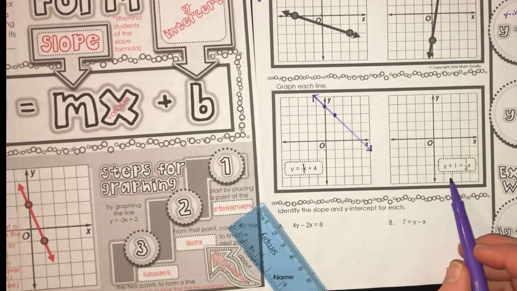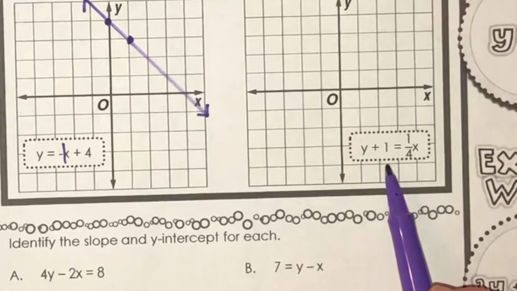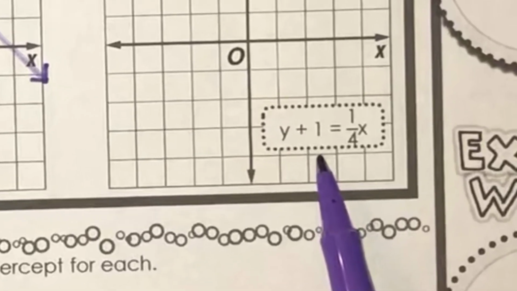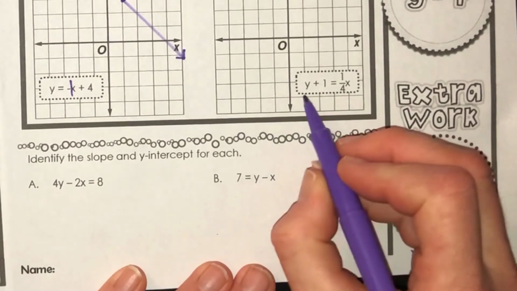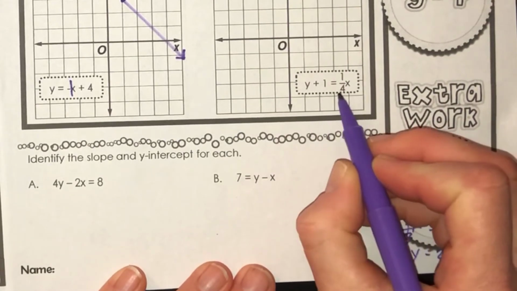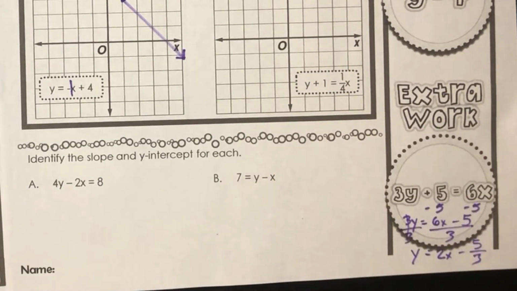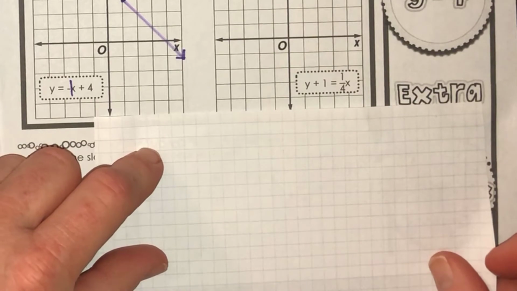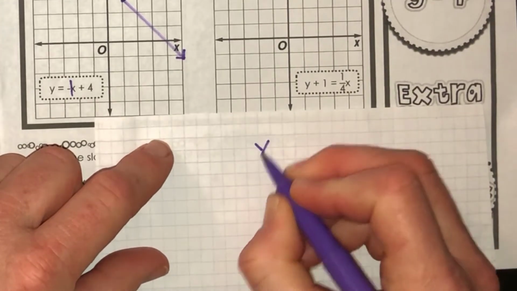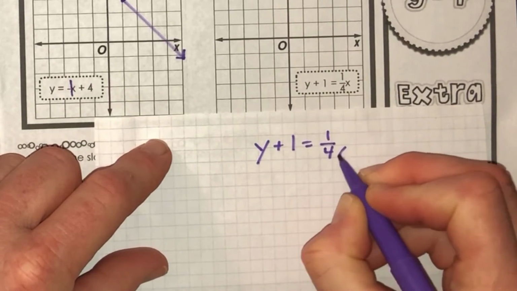So, what is wrong with this right here? Can you tell that it is not already in y-intercept form? Let me get some scrap paper, and I'm going to convert it to y-intercept form. We have y plus 1 equals 1/4 x.